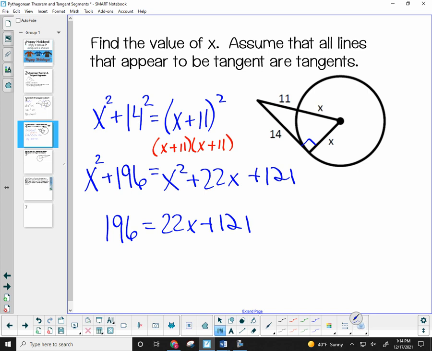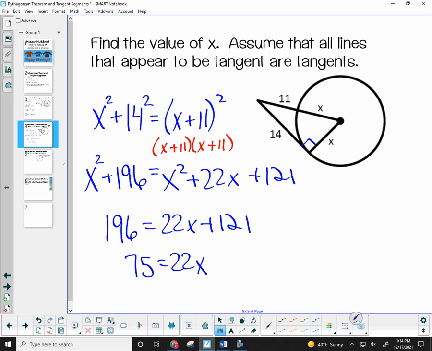All right, so now we can subtract 121 from both sides. I get 75 equals 22x. Divide by 22. I think it's like 3.4.